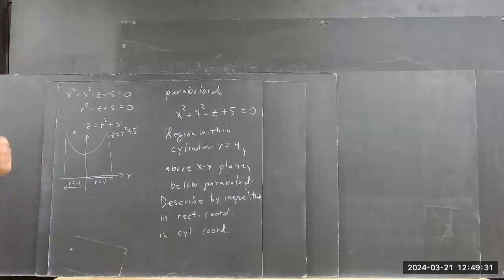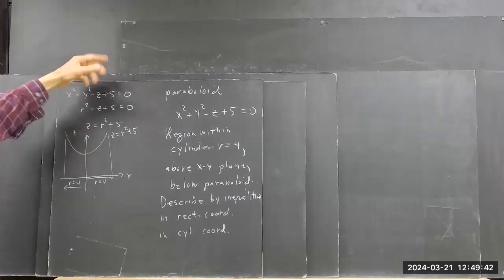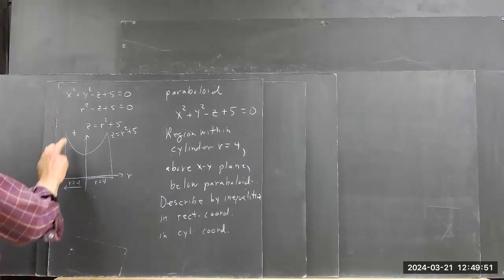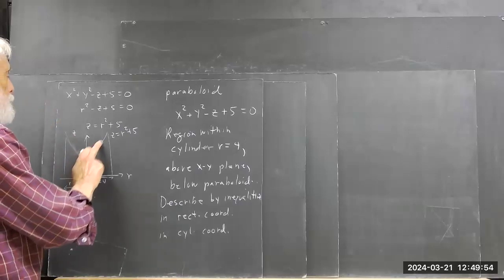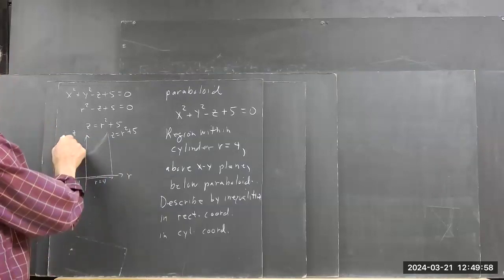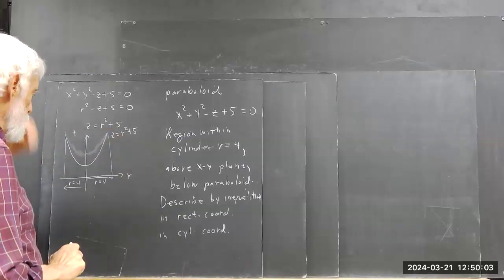So this isn't to scale because, of course, 4 squared is 16. 16 and 5 would be 21. Your intercept would be at 0, 5. Here's the intercept, right? And you go all the way up to 21 over here. So it's actually much higher. Or we could have brought the parabola down lower. Let's go ahead and do that. It's going to be about 4 times as high over here as it is down here. That's the schematic. There it is.